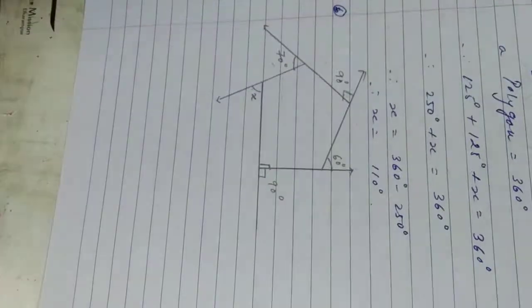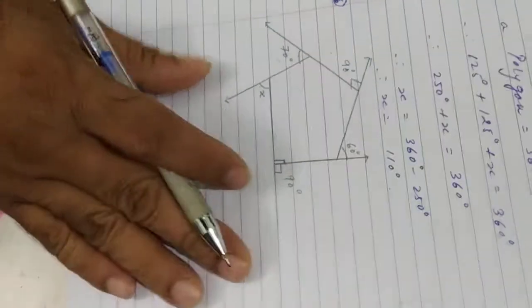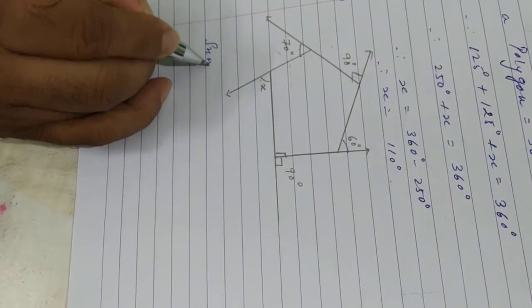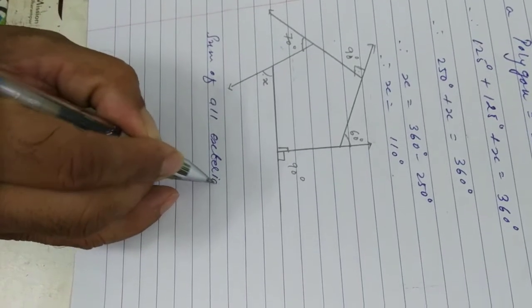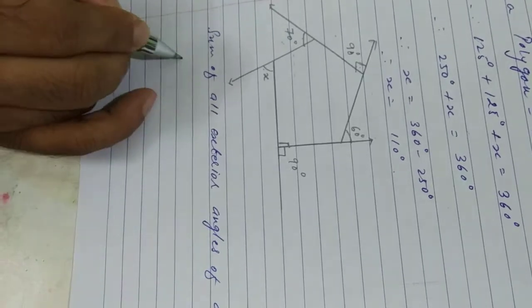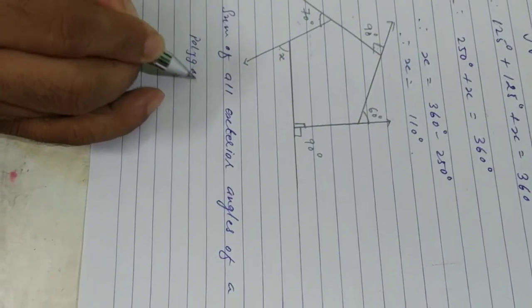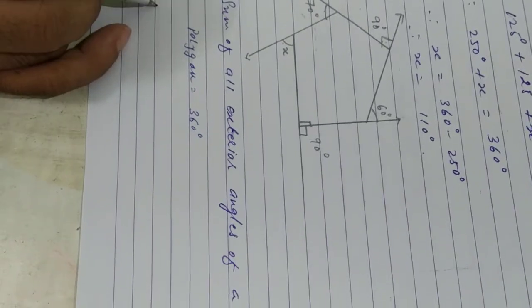So now in the same way, the sum of all exterior angles of a polygon is equal to 360 degrees.